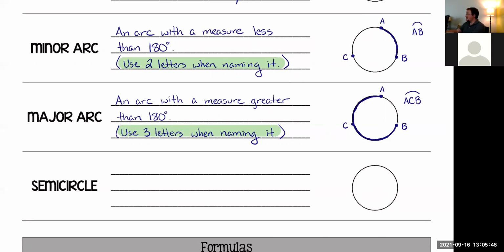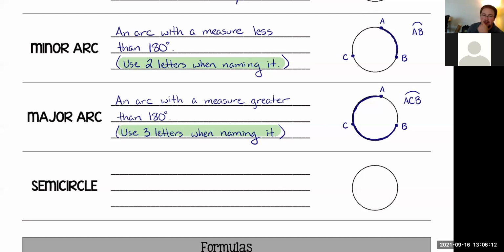And that's because you just completed a full revolution or a full circle. A circle is 360 degrees. So if you took a minor arc and its corresponding major arc, we then know that the total should give us 360 degrees.